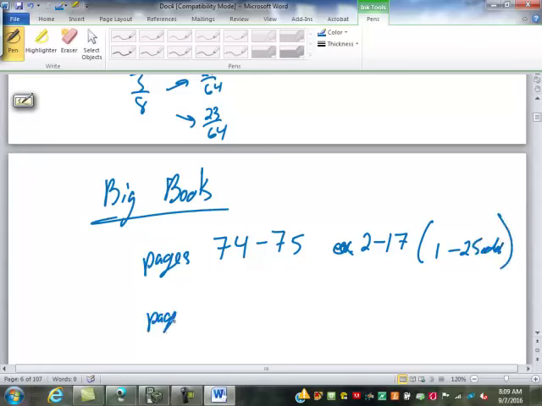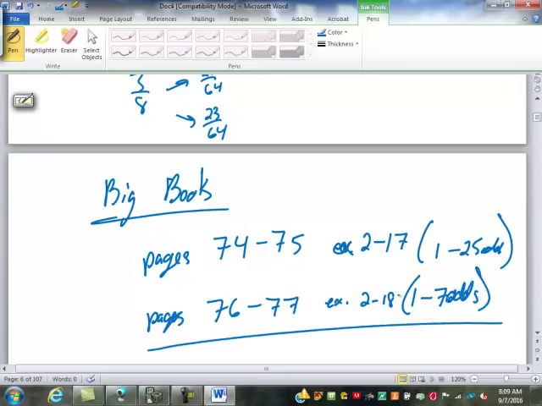Then also on pages 76 through 77, exercise 2-18, 1 through 7, the odds. Yep, 1 through 7. Exercise 2-18. So I'll let you guys have the last 11 minutes here to get started.